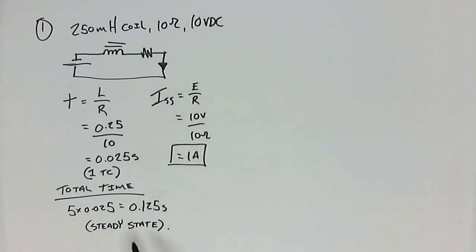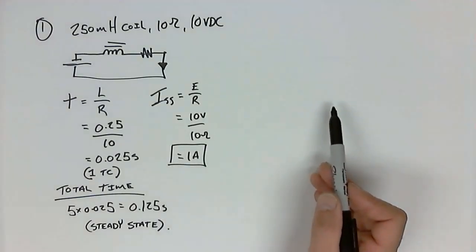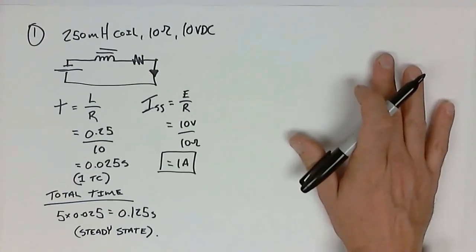After 0.125 seconds has elapsed, we would see an unchanging current of 1 amp. Up to this 0.125 seconds, the current would be steadily rising in value in that exponential curve until finally it reached almost 1 amp.